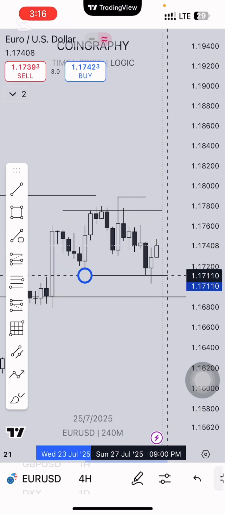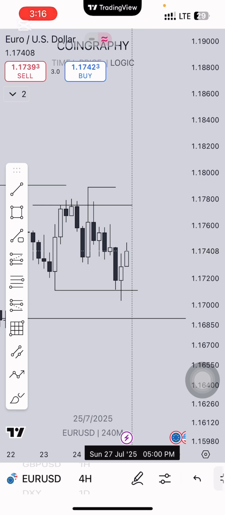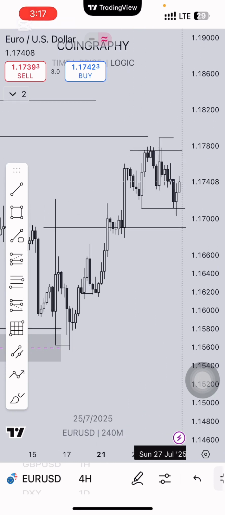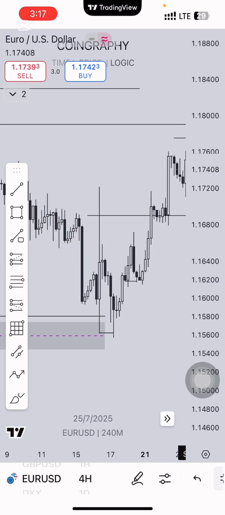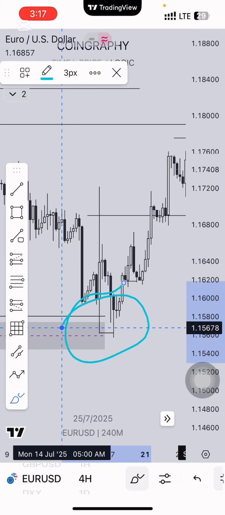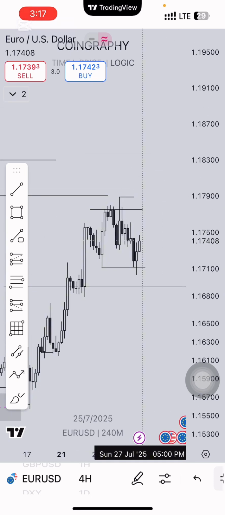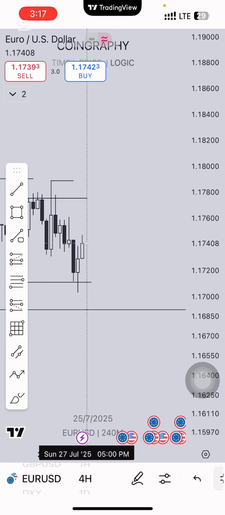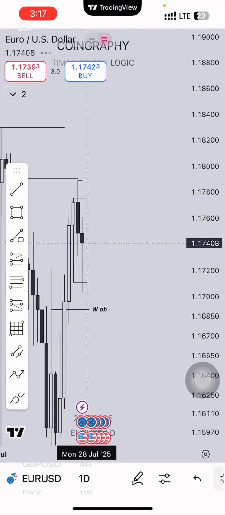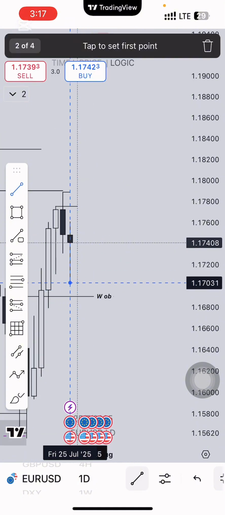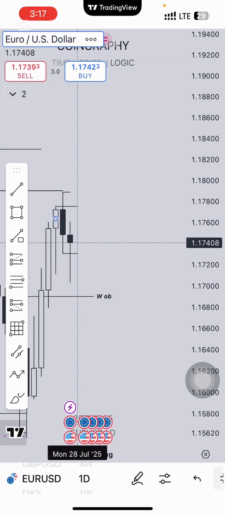Now looking at the 4 hours, we are seeing a bullish order flow from this point, so moving higher. And as you can see on the daily time frame, we have a CRT to be completed.